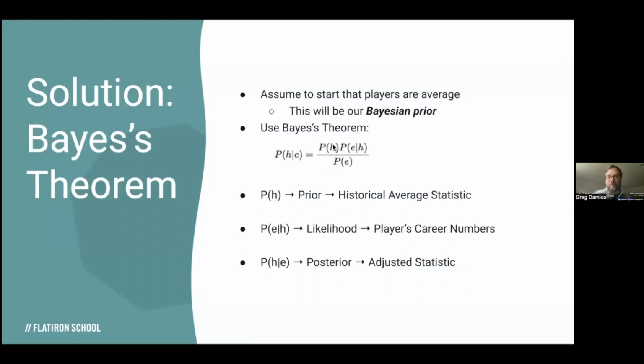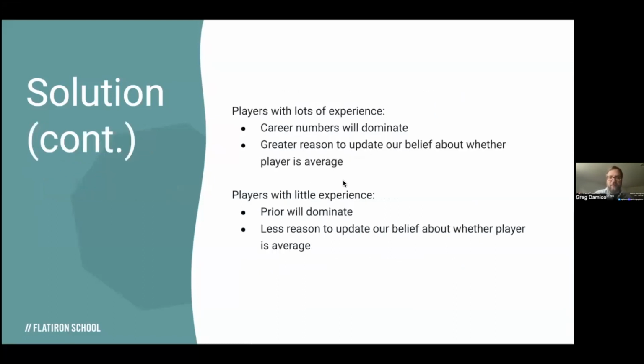The batting average that we assign everybody to begin with is going to dominate. But on the other hand, if we have a player who has a big, long career, then for that player the career numbers will dominate.